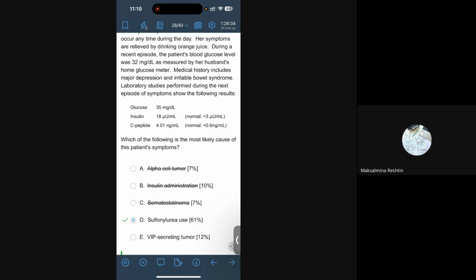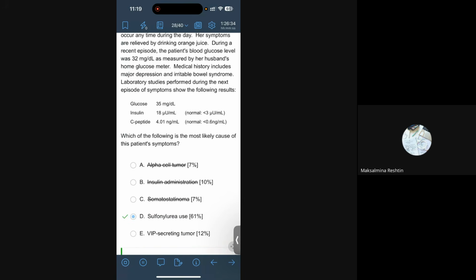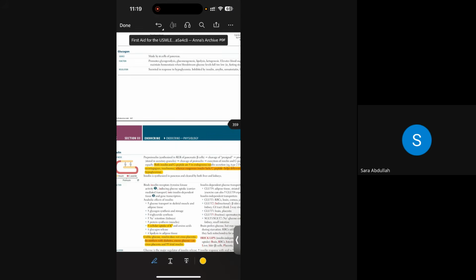Can you please repeat that because I didn't understand? Okay, so whenever insulin is made inside our body, there is a protein attached to insulin. That protein is C peptide.